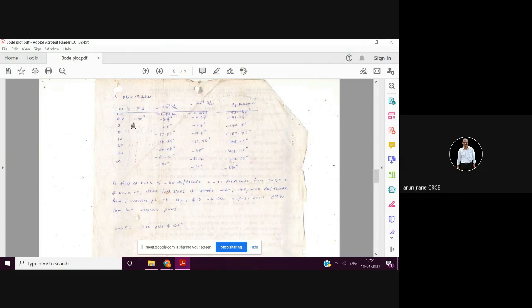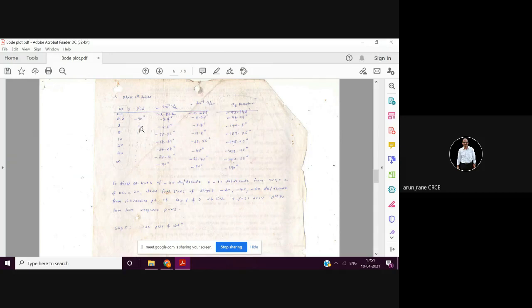So suppose omega is, say, 0.2. Now for 1 upon j omega, the first factor that came was minus 90. So this is constant, minus 90, right? Minus tan inverse of omega by 2, minus tan inverse of omega by 20.